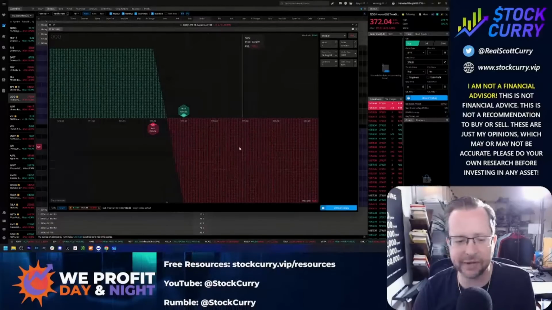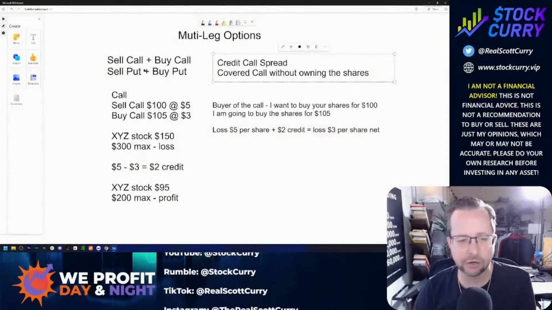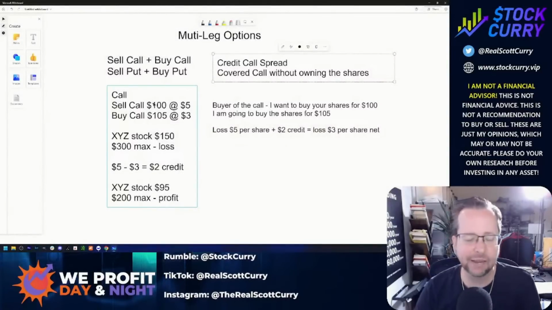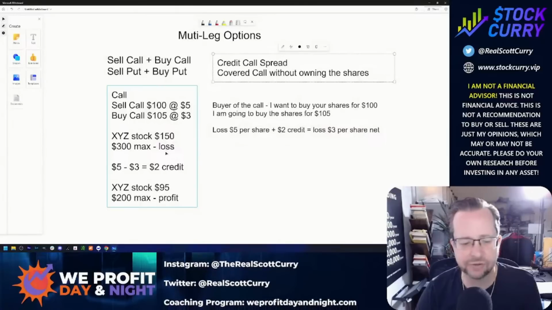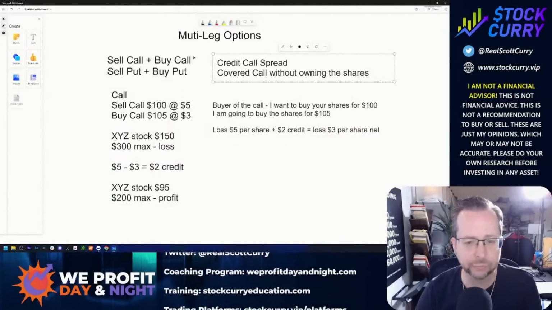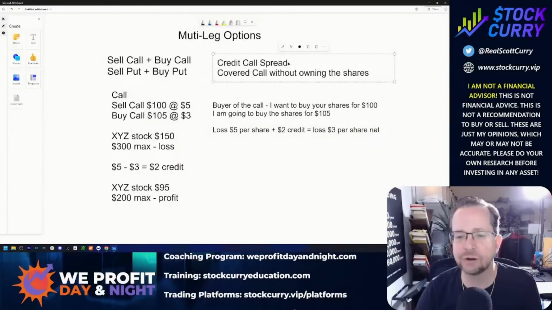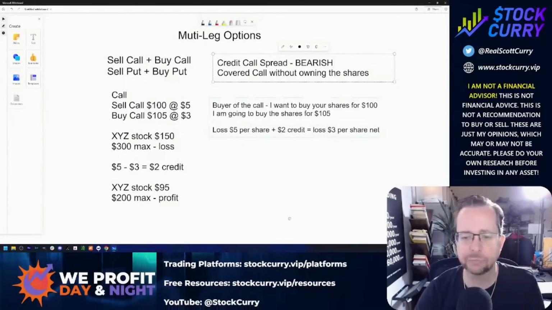It loses money if QQQ goes up. And this is kind of what I was trying to show you earlier. So if we had XYZ stock and it went up to 150, I'd have a loss. If it goes down to 95, I have a profit. That is why a credit call spread is a bearish play.